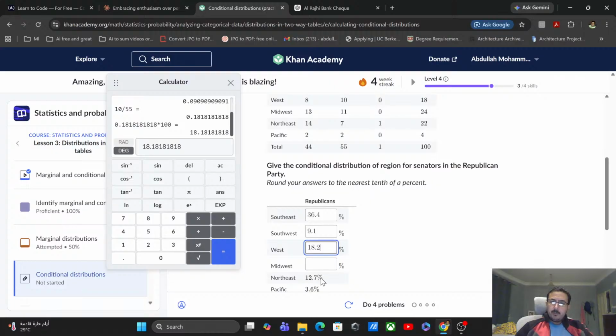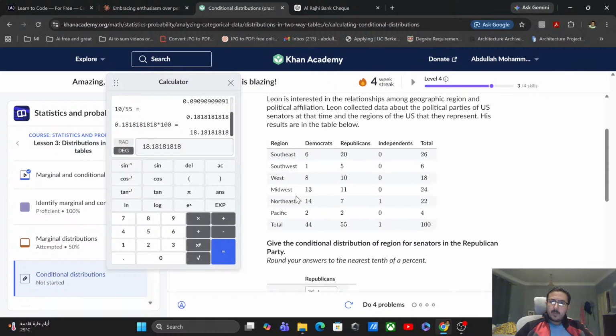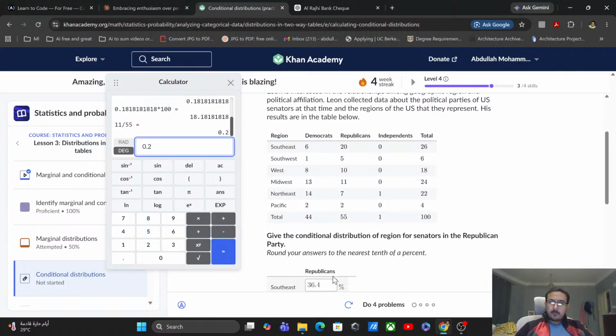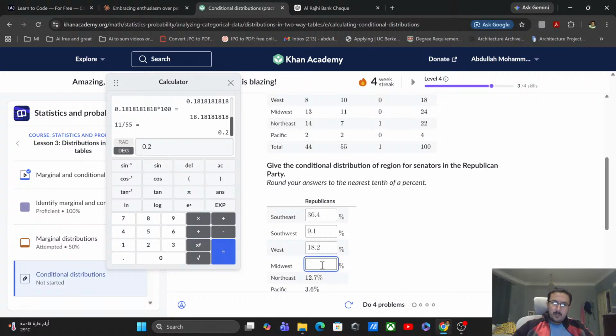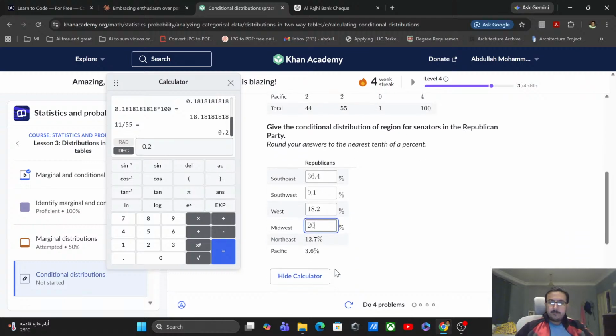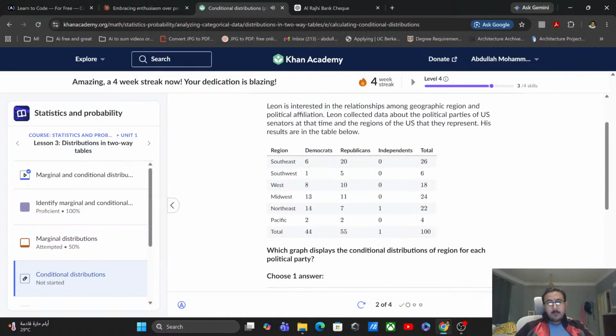And then we got Midwest 11 over 55. That's 20. So here we got 20. Okay.